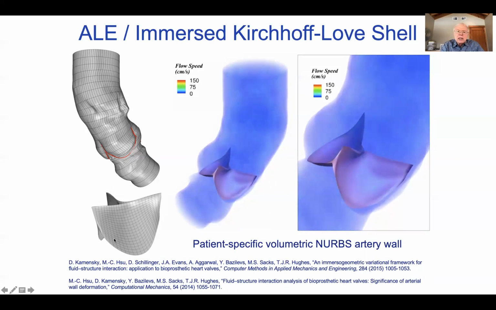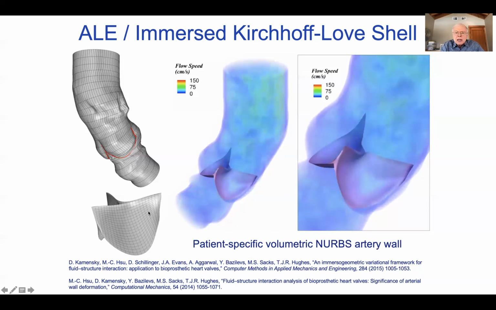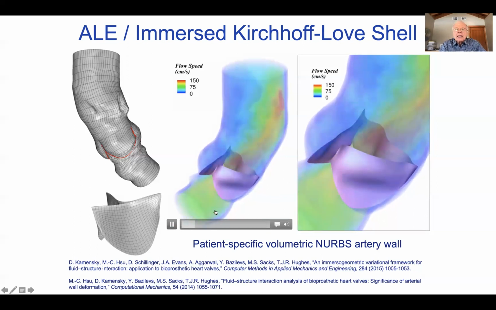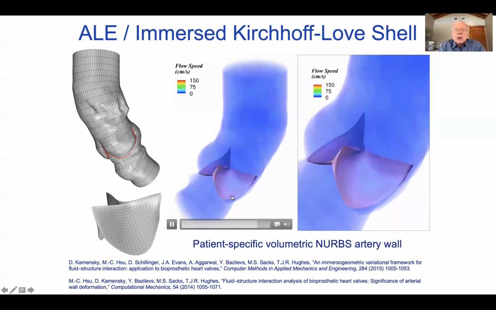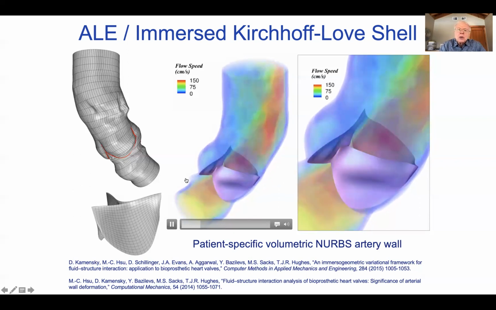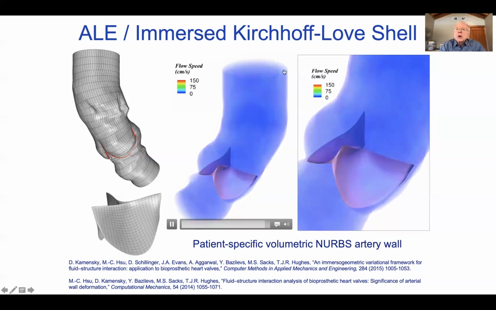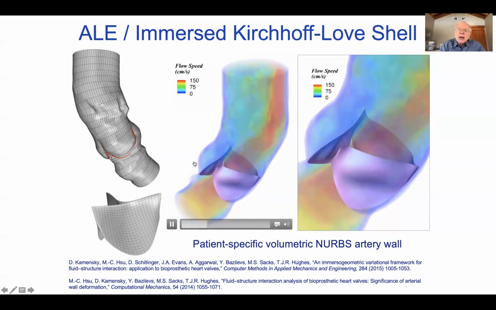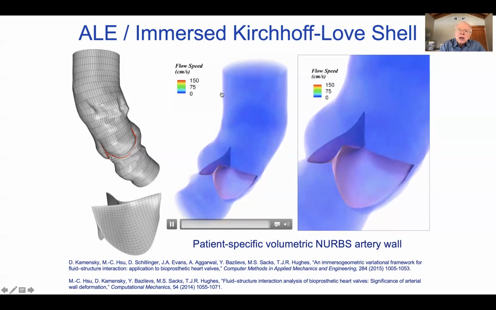It's modeled with 3 leaflets. The leaflets are done here with NURBS. And what you can see is the leaflets are attached to the aorta. The aorta is modeled as a 3-dimensional solid, okay? And it's nonlinear, it's a hyperelastic material.